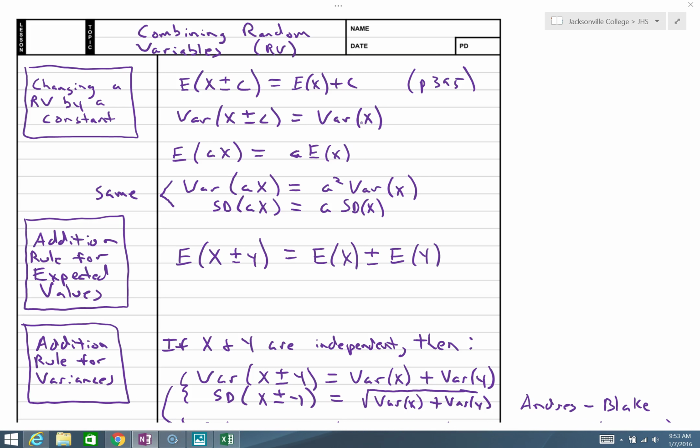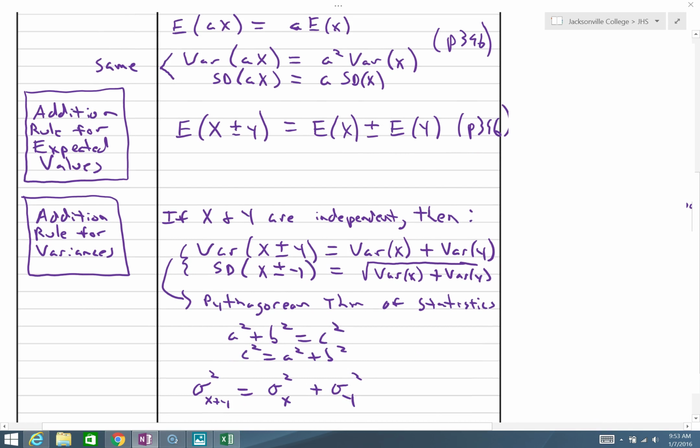There's one on page 396 for the expected value as well. And for the combining of the random variables, you can see this on page 396. All right, with these notes, you should be able to handle the rest of these problems.